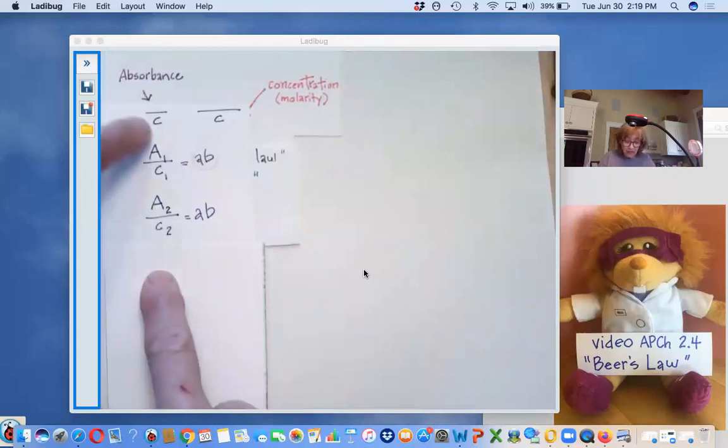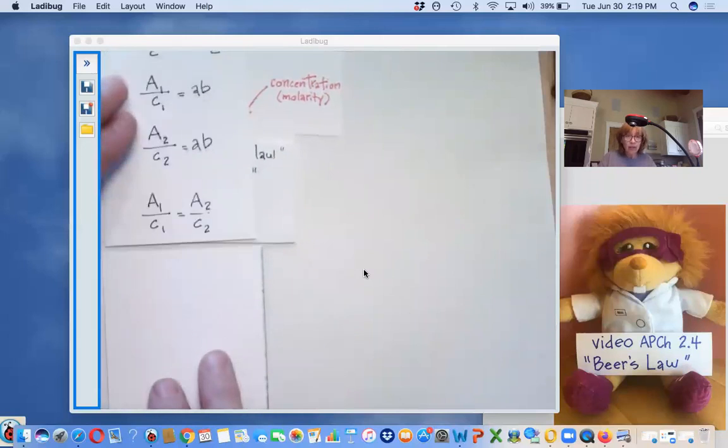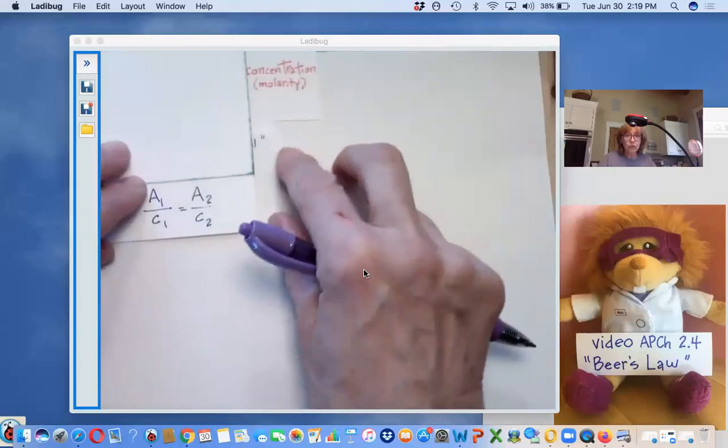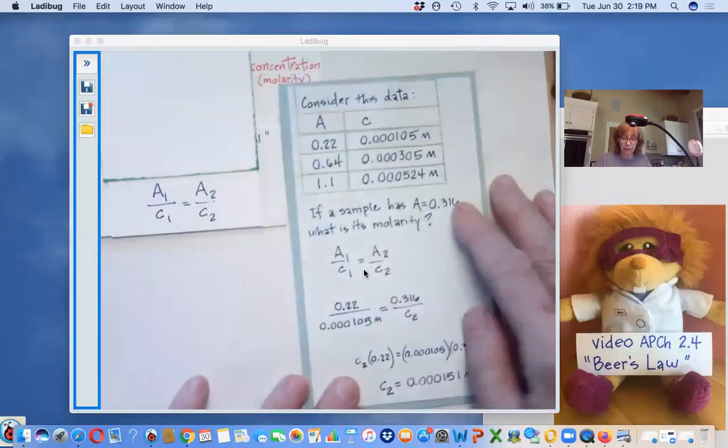So since this ratio is equal to AB and this ratio is equal to AB, then we have those two values equal to each other. So that's the ratio that can be helpful in a problem like this.